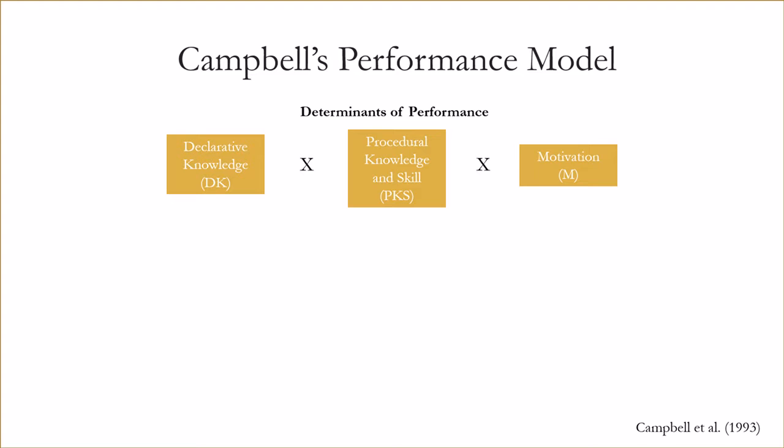These consist of declarative knowledge, which is knowing what to do, procedural knowledge, which is knowing how to do it, and motivation, which is responsible for variations in intensity and quality of work.